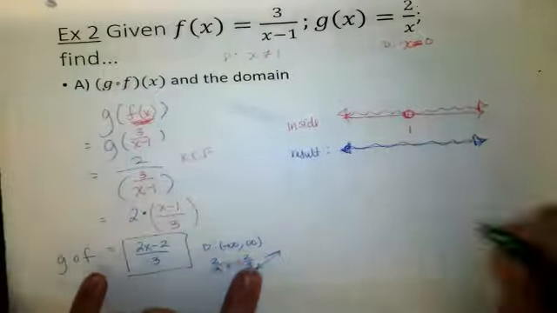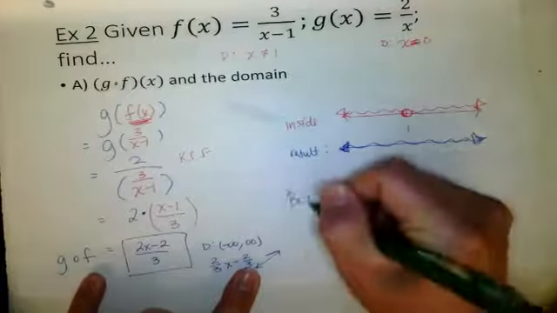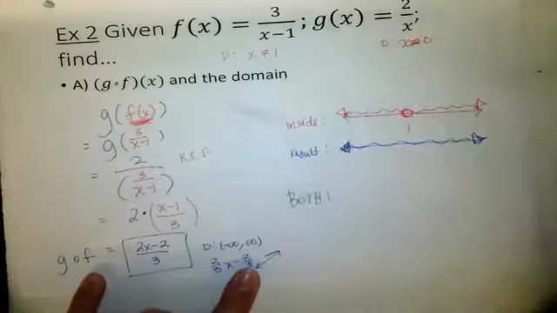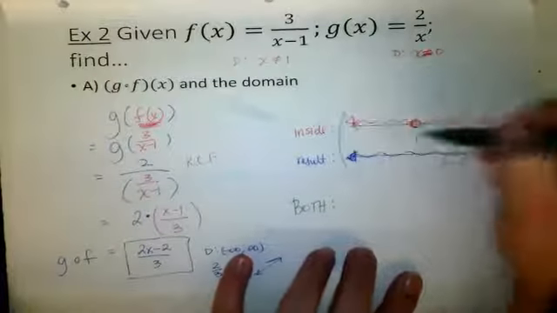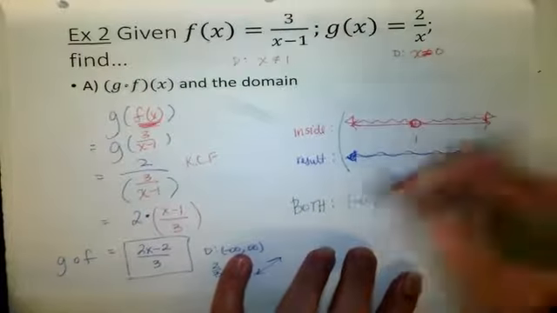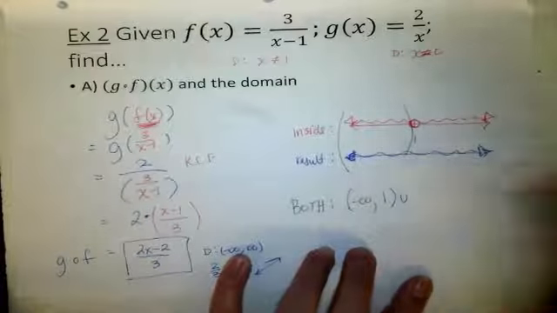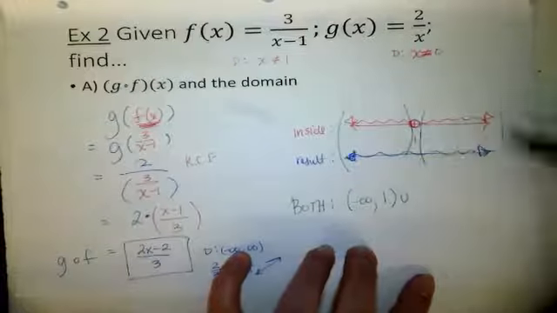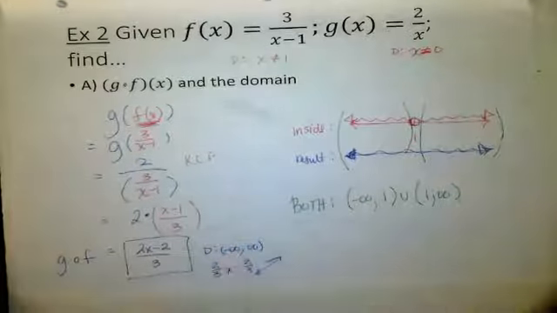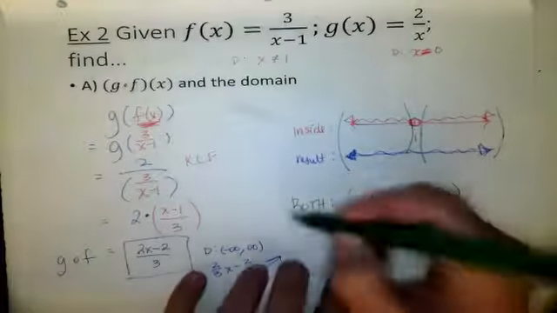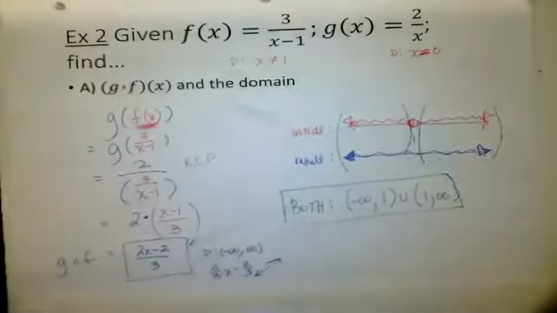The domain is actually the intersection of both of these. What works for both parts? From negative infinity all the way to 1, and 1 to infinity. So it's what overlap works for both of them, and this is the actual domain of this function.